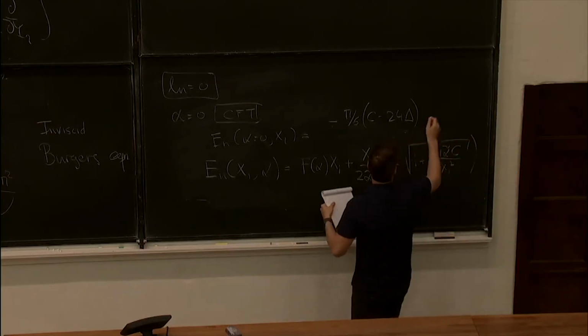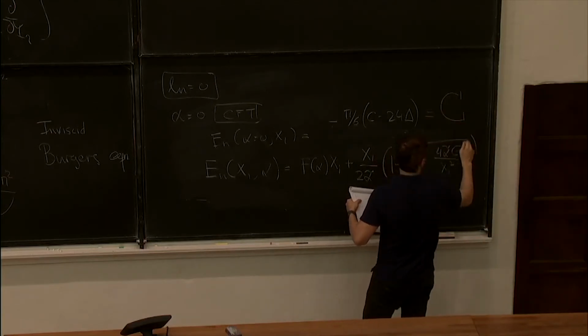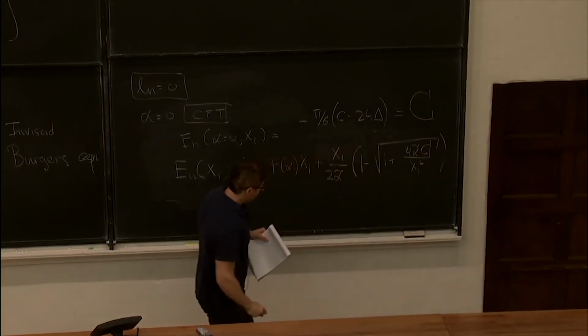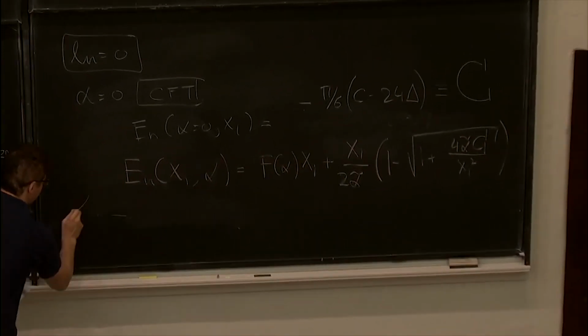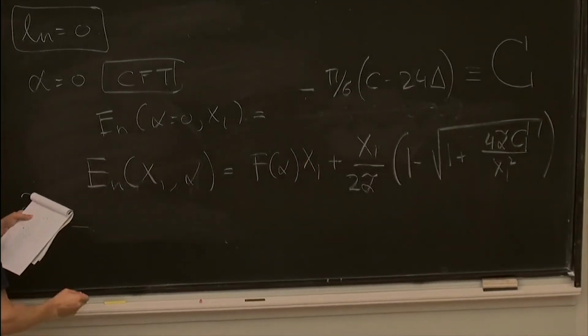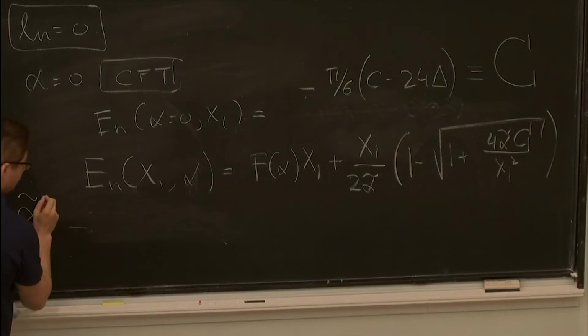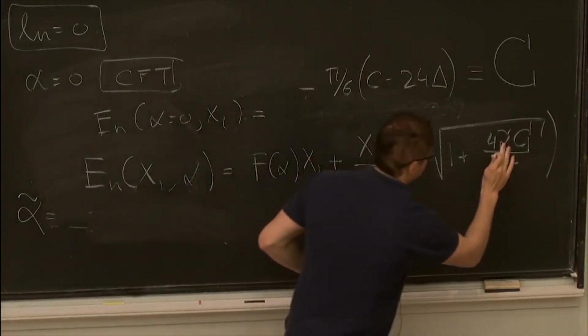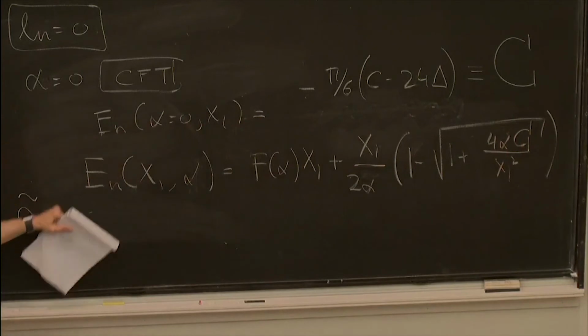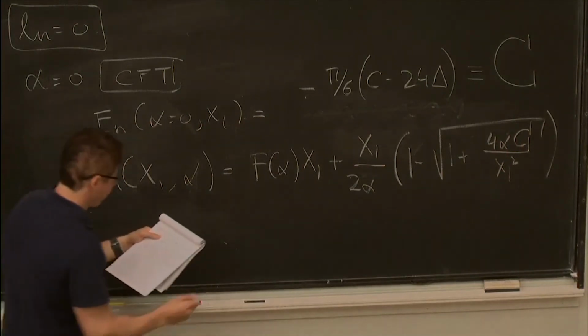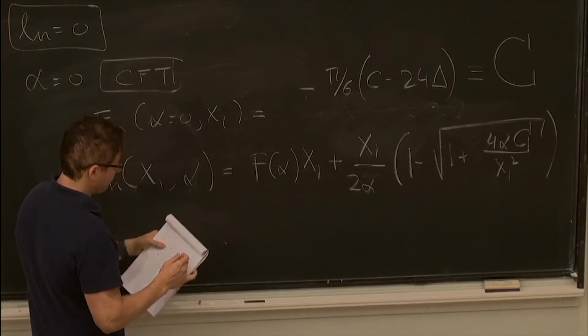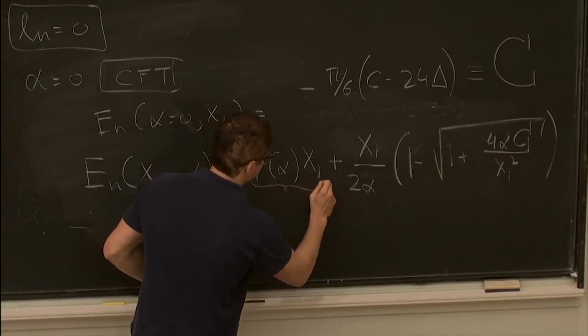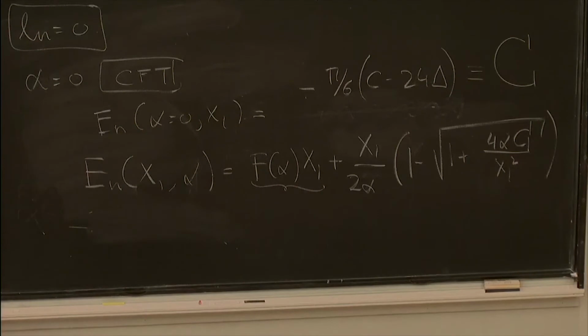What is C? This is also defined as capital C. I didn't say what alpha twiddle is; in this case, I can just replace it by alpha. You can check that at alpha equals 0, this is just a renormalization of the cosmological constant. You can ignore this piece. It's just an extensive contribution to the energy, and it won't be important for the forthcoming discussion.